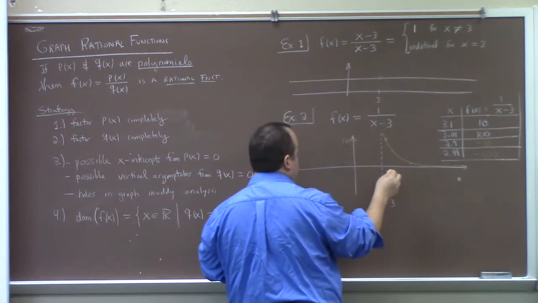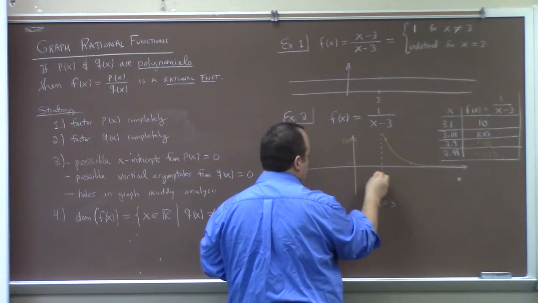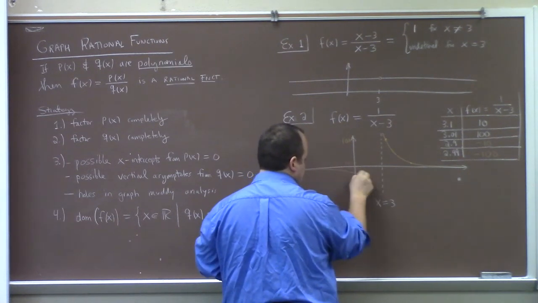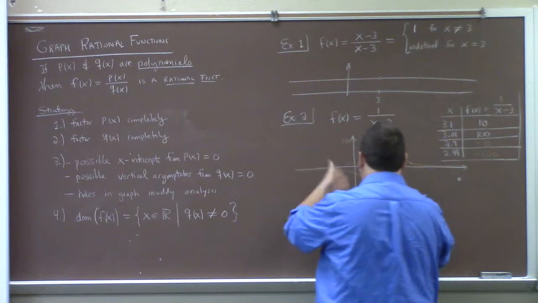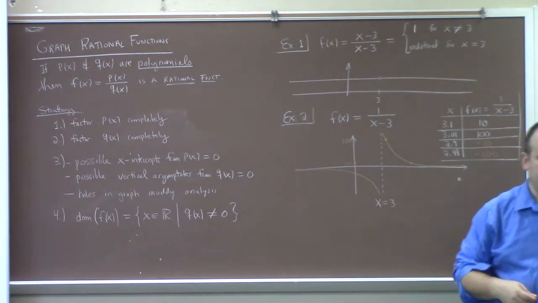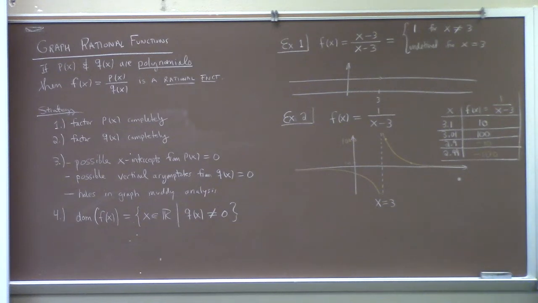And so, it should be symmetric, like it should be the same kind of approaching from both sides, right? If I could draw it exactly like I should. Okay?